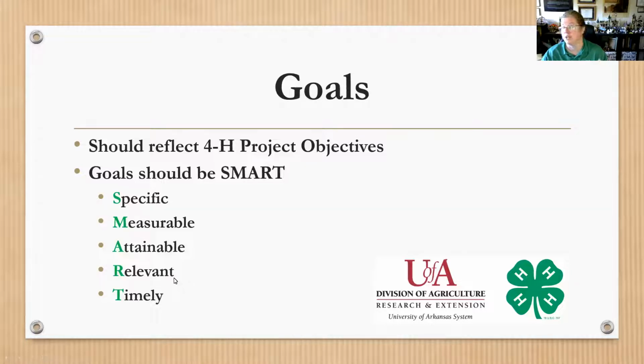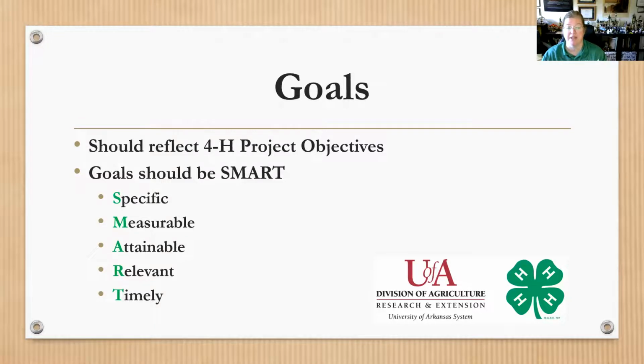If rocketry was my main project, would I want to be setting one of my goals about how to bake a cake? Probably not, unless I'm studying yeast and explosions or whatnot. They also have to be timely. We have to have a time constraint in there. It's not an open-ended goal, but rather something that is very measurable.